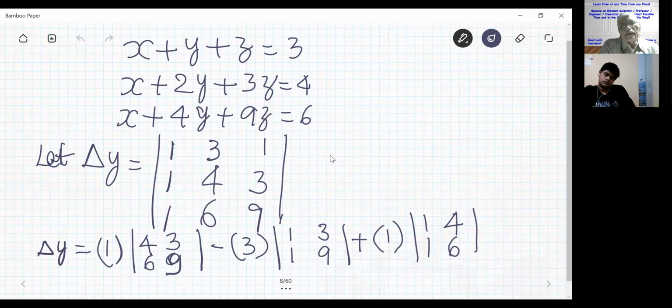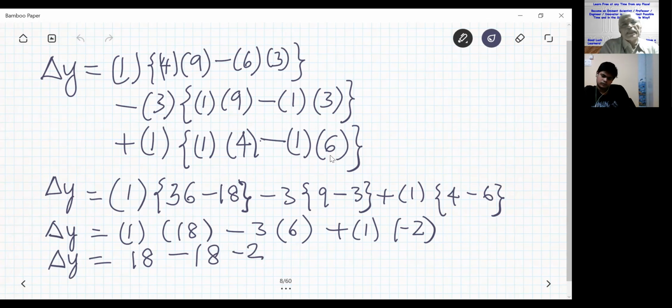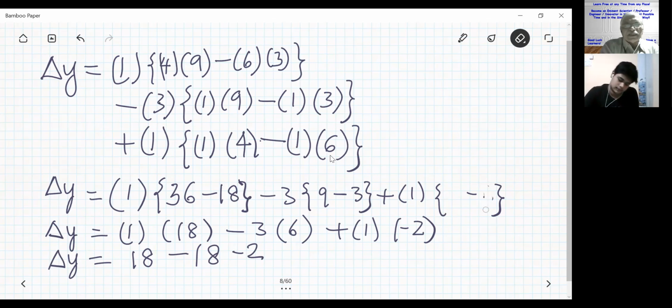First is numbers on the principal diagonal, then numbers in the secondary diagonal. So, 4 minus 6. Because whatever you said I wrote, but that is wrong.